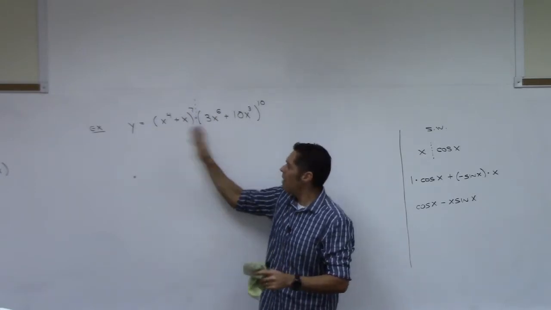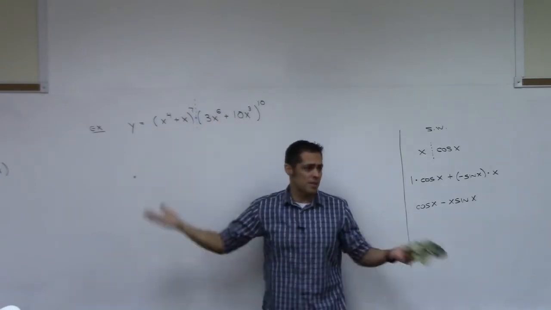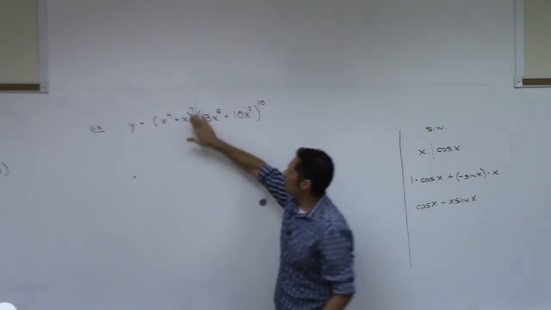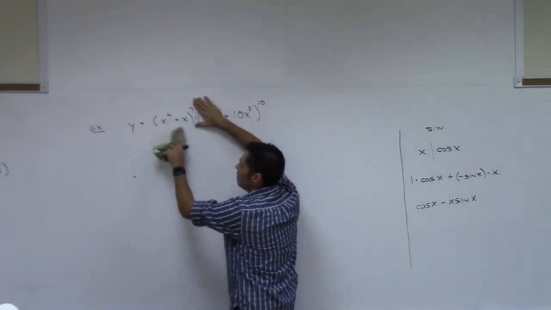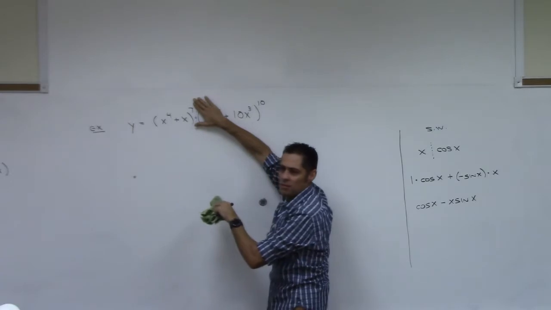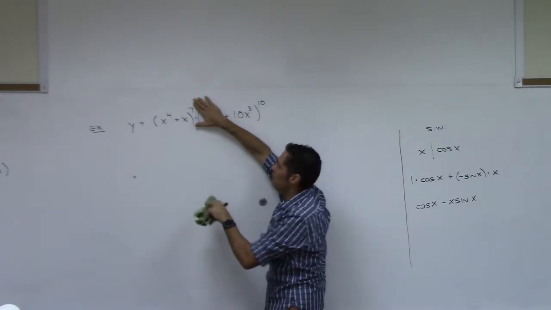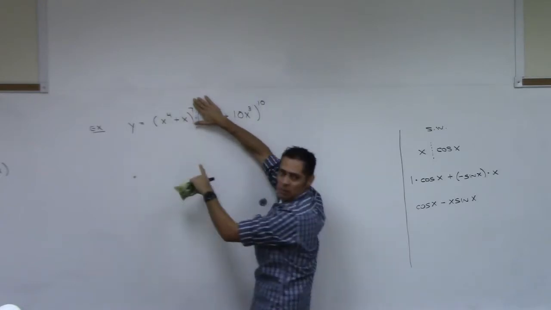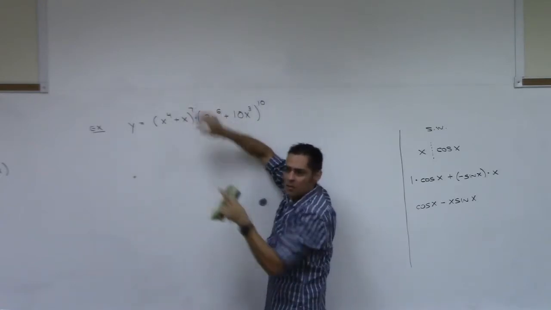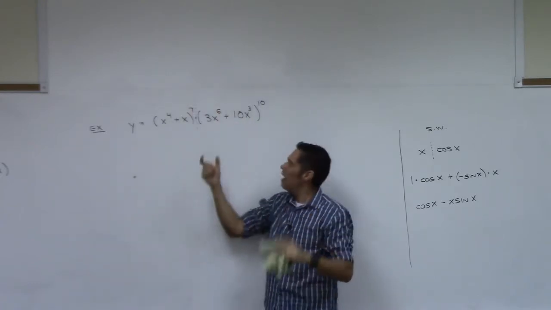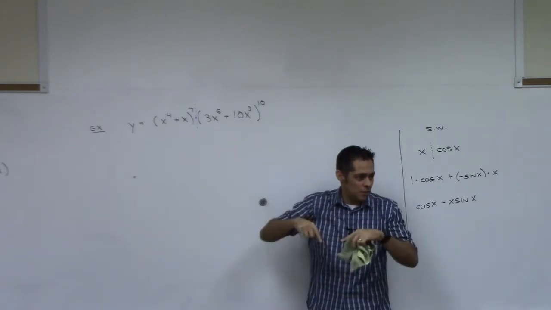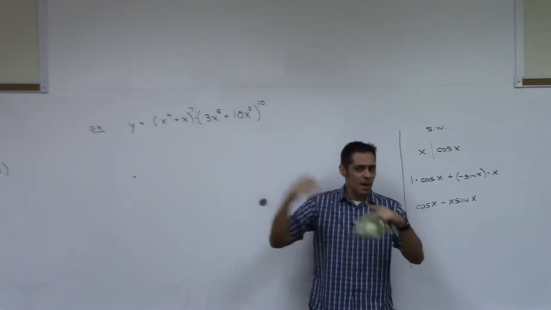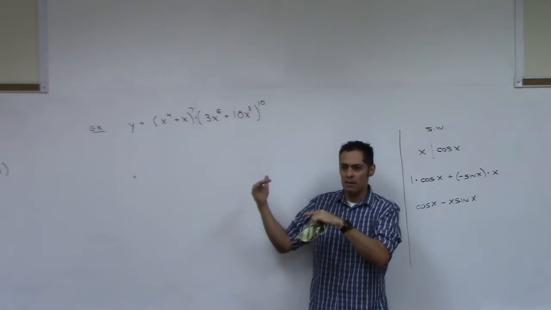That means I'm going to have to take the derivative of both of those at some point. When I look at this one by itself, that's a chain rule to take the derivative of that, because it is a function with an outer function of being raised to the 7th power. So it's like a function within a function. And this one is also a function within a function. Do you see how quickly this is becoming complicated?